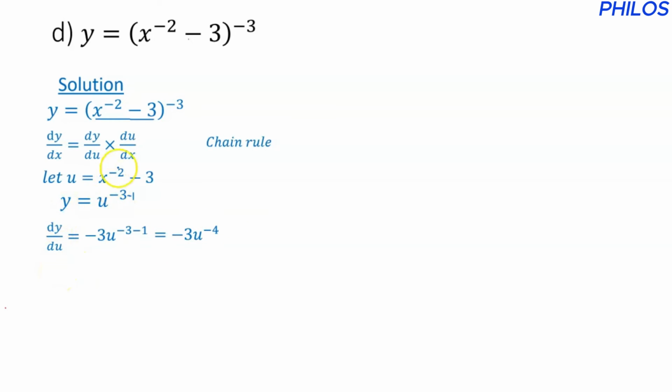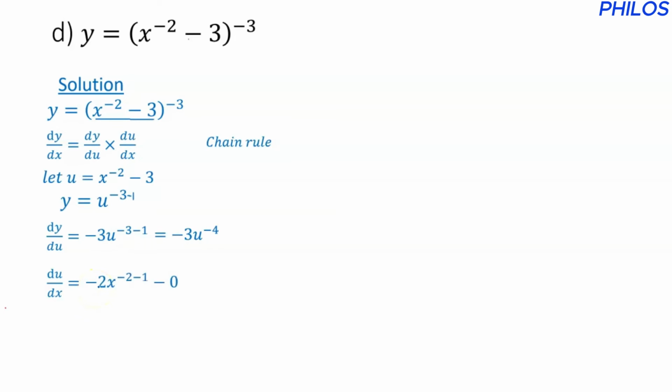We also find du dx. That means we should differentiate u with respect to x. So first we take the exponent of x here and multiply it by the x. So that will make it negative 2x. Then we subtract 1 from the exponent.